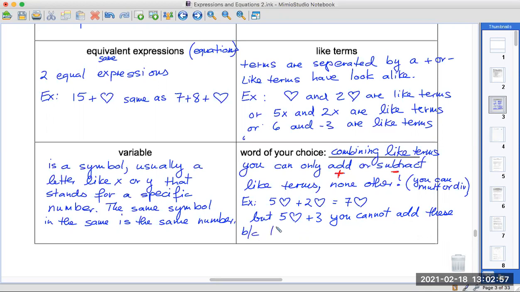I'm going to box this answer: not the same. Okay, so don't add 5 hearts plus the number 3. They're not the same, so you cannot add them. Okay, put a big question mark, highlight, whatever you can do to remind yourself this is important.